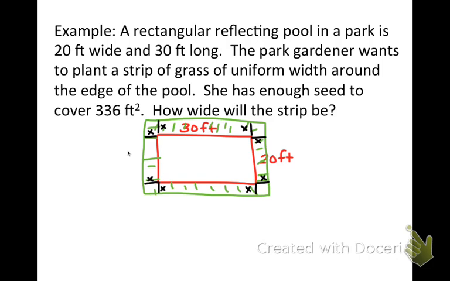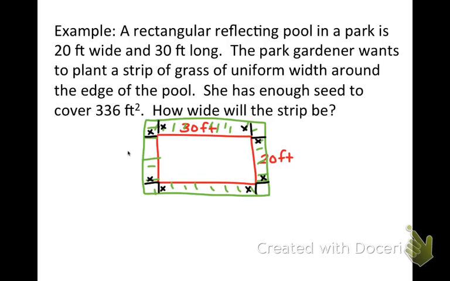We have enough grass seed to plant 336 feet squared, which is an area. So what area am I really looking for? Am I looking for the area of the whole thing or the area of just the grass? Just the grass, right? So how do I find the area of just this boundary?